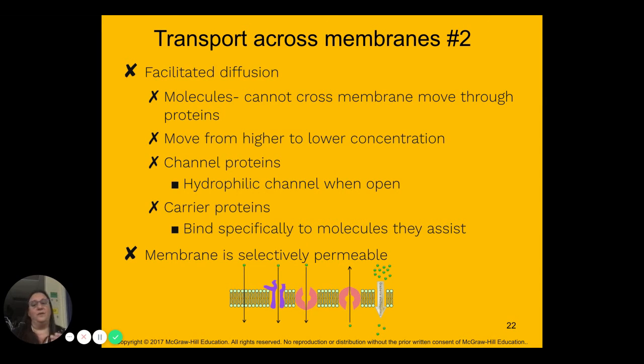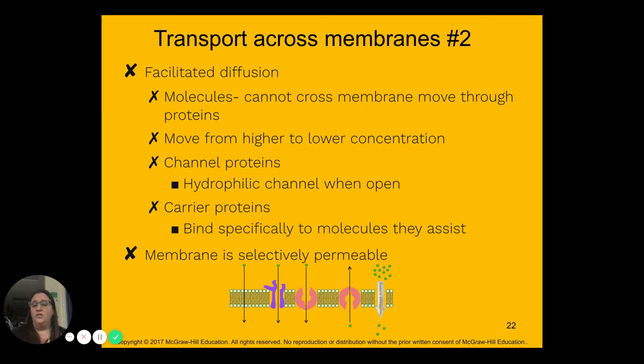That's why we just learned about all those different kinds of wonderful proteins. Still, things are going to move from a high to a low concentration, because in nature, things flow from a high to a low. This is a type of passive transport. This is not going to require cell energy. So it's still going to move from that high to the low.